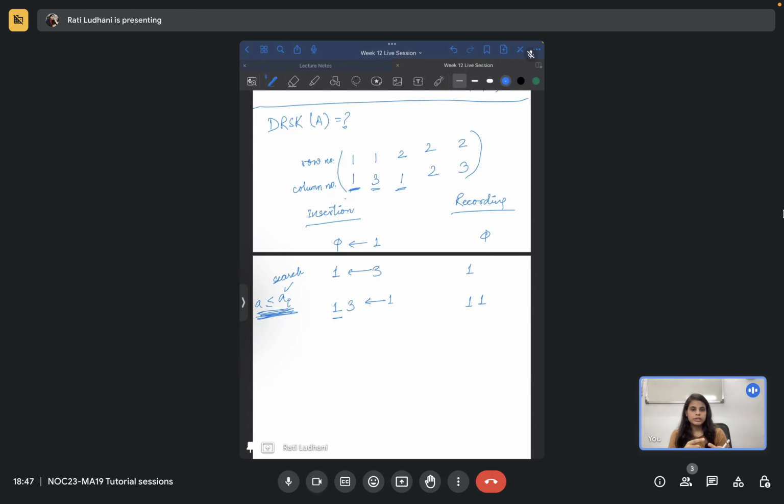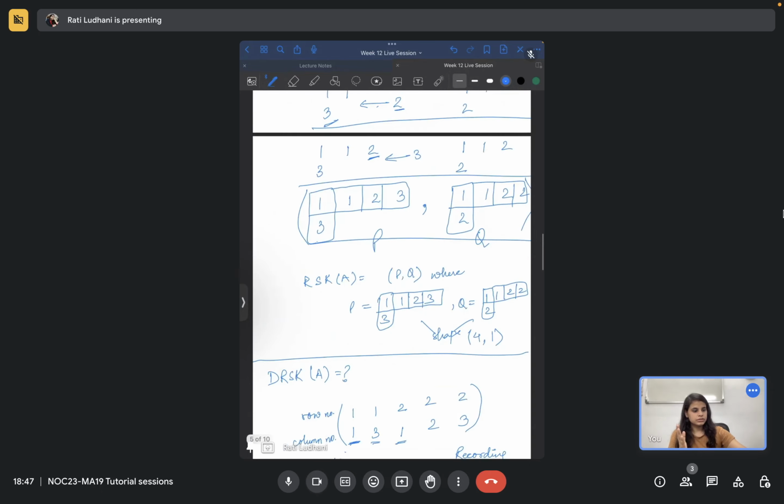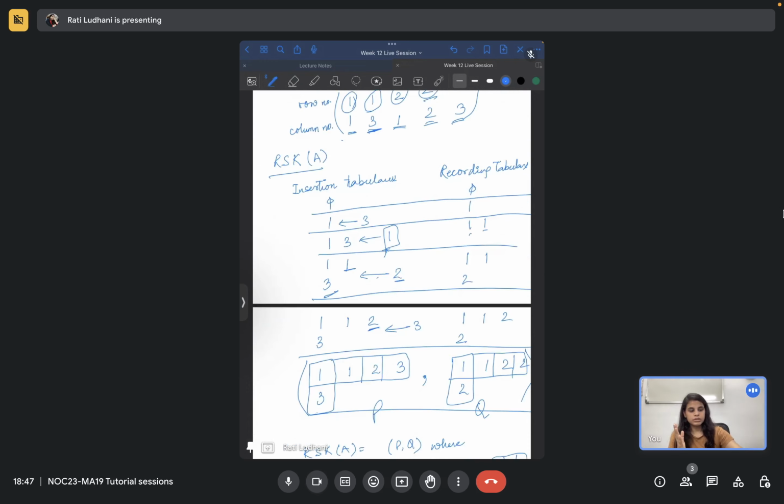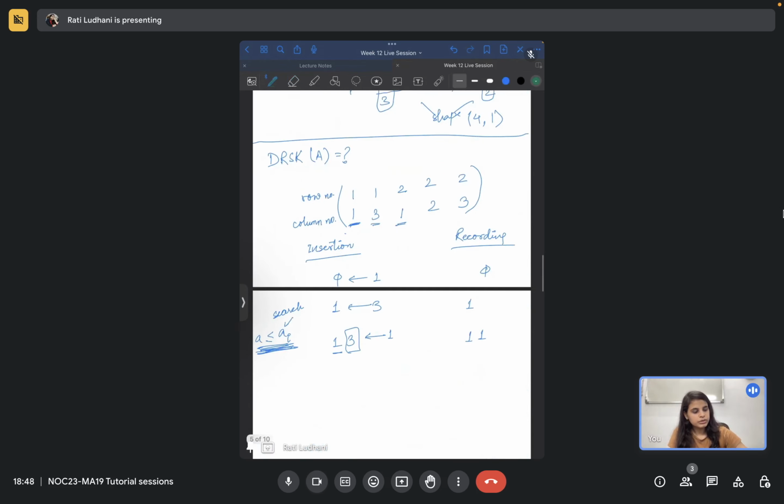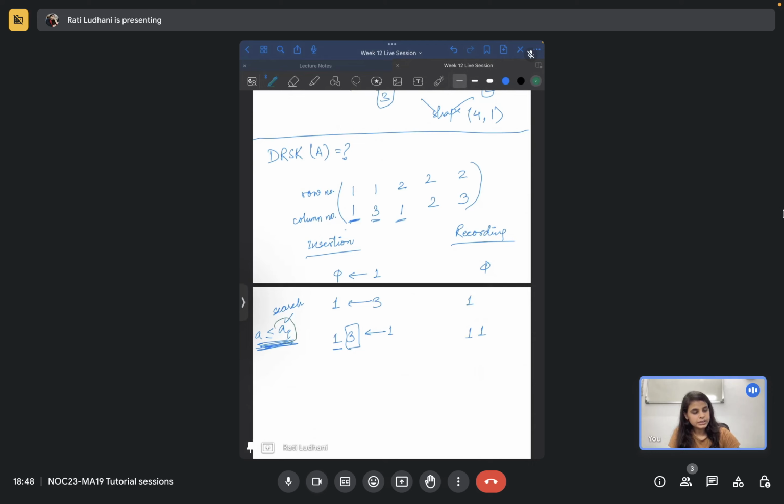Earlier, we bumped out 3 and considered 3 in the second row and did the insertion. Now the condition says you will bump that AI such that A is less than or equal to AI, and the leftmost AI you will consider in that case.